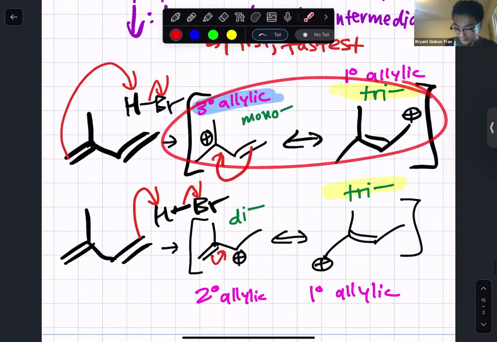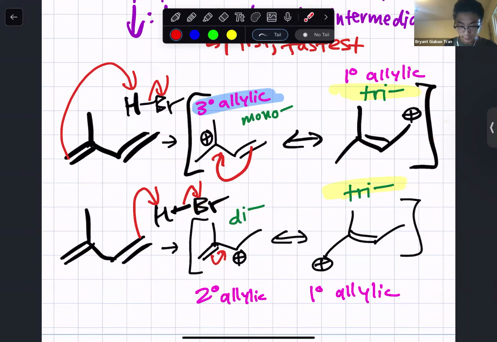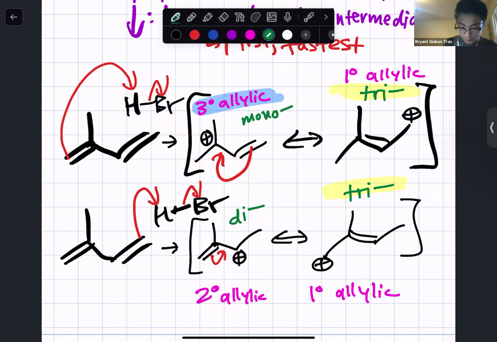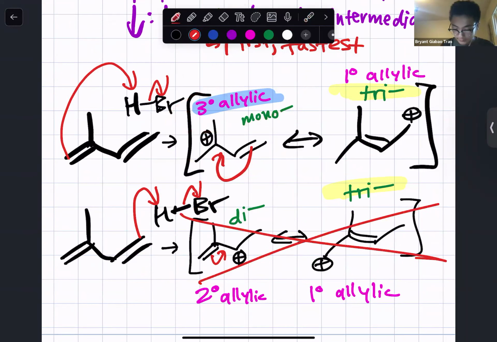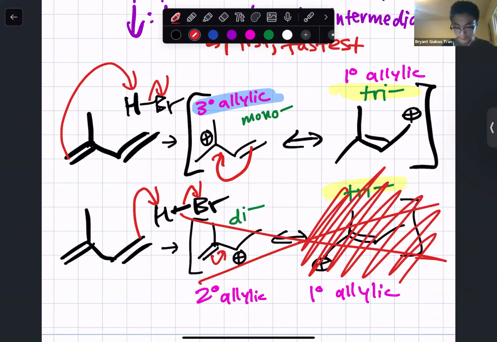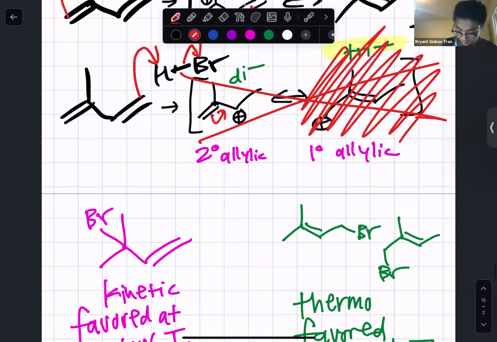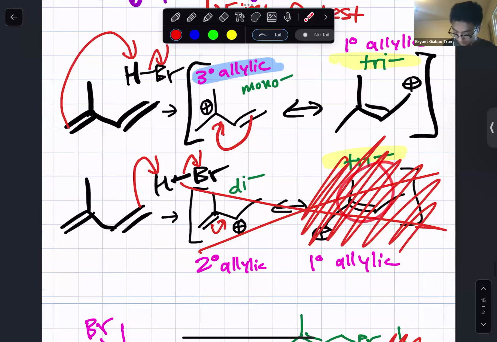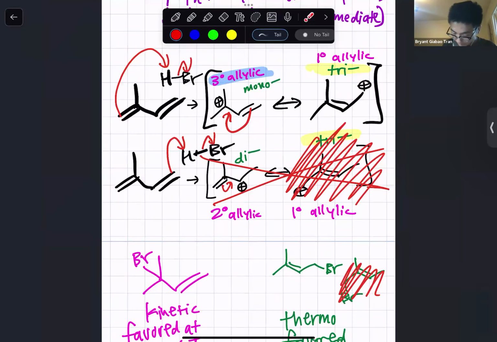Let's look at which set gave us the more stable carbocation first. This was the first carbocation that gets formed. Since this carbocation is more stable than this carbocation right here, we could ignore that set right there. So when I said that could be the thermodynamic product, that is not going to be considered because it's part of the set that is less stable. This thermodynamic product here comes from the more stable set and gives us the more stable double bond.